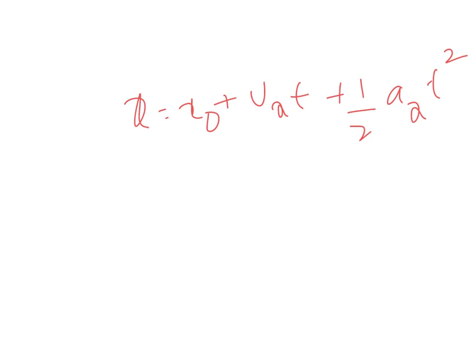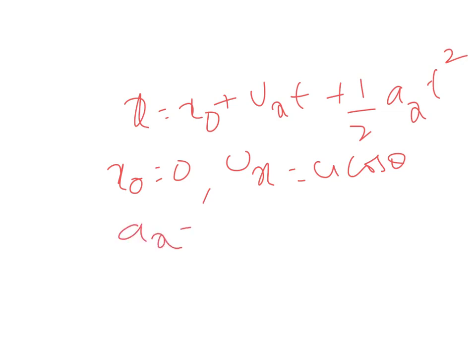So x is equal to x naught plus uxt plus half axt square, where x naught is equal to 0. We take ux as u cos theta, as I have shown you in the figure, and ax we are taking as 0.